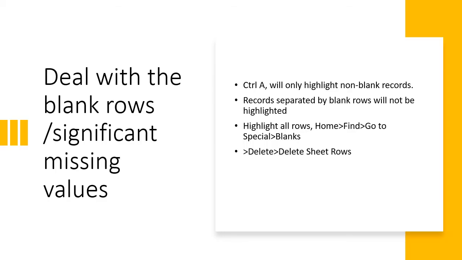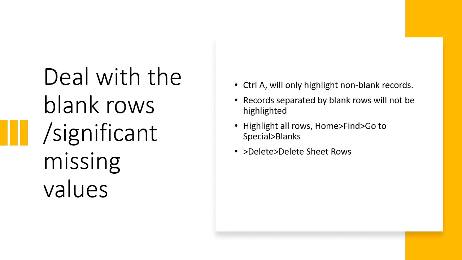So first of all, how can we deal with blank rows or significant missing values? Now we are already at the third stage, which is taking action on the problems that you find in your data set. Blank rows are problematic because they will give extra counts, right? Especially if there are significant missing values, there is not much you can learn from the results, but they are still there.